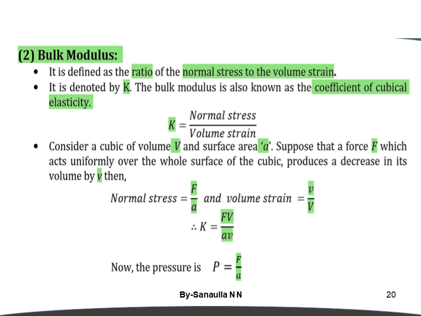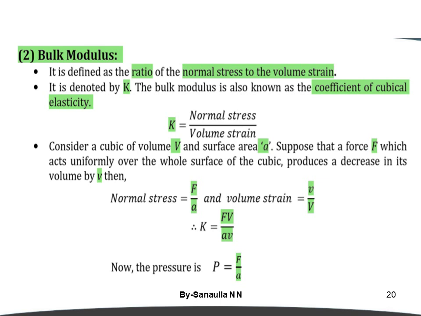So we will try this one. Consider a cube of volume V and surface area small a. Suppose that a force F, which is acting normally over the whole surface of the cube, produces a decrease in its volume by small v.